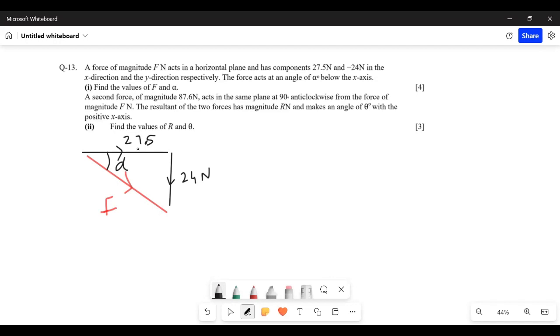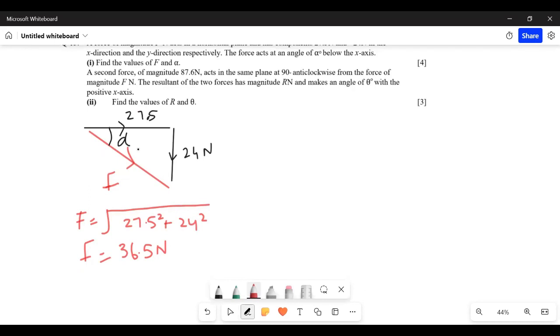Okay. So F is simply Pythagoras theorem. F equals square root of 27.5 squared plus 24 squared, which gives 36.5 newtons. And similarly, for alpha, we use tan alpha is equal to opposite over adjacent.